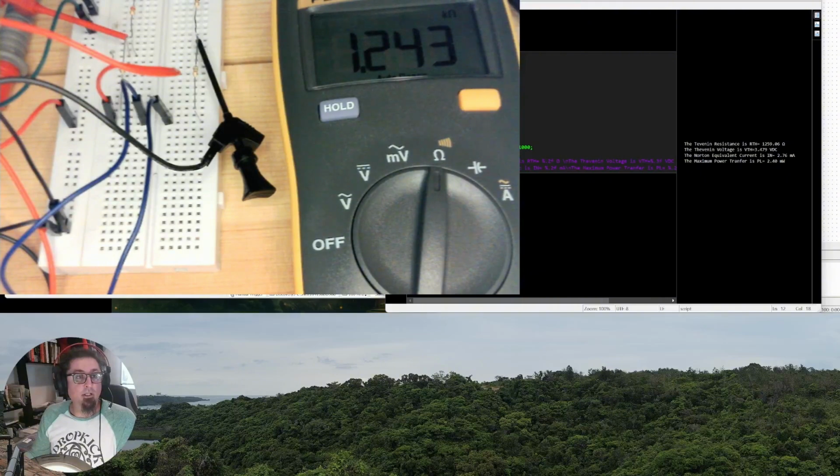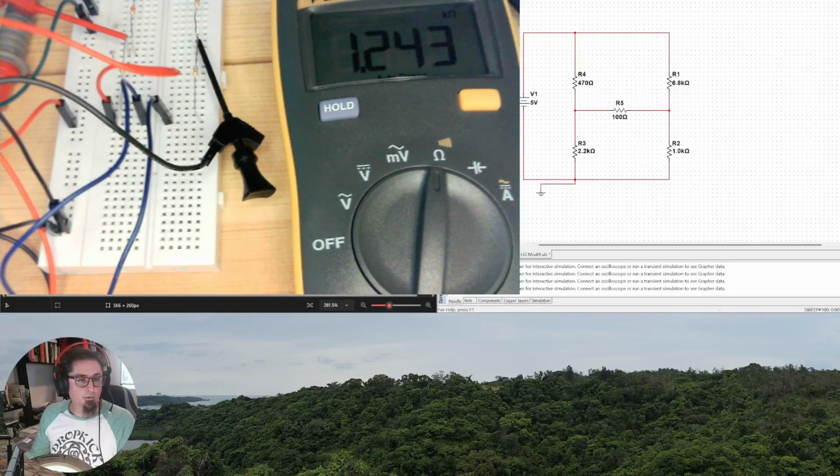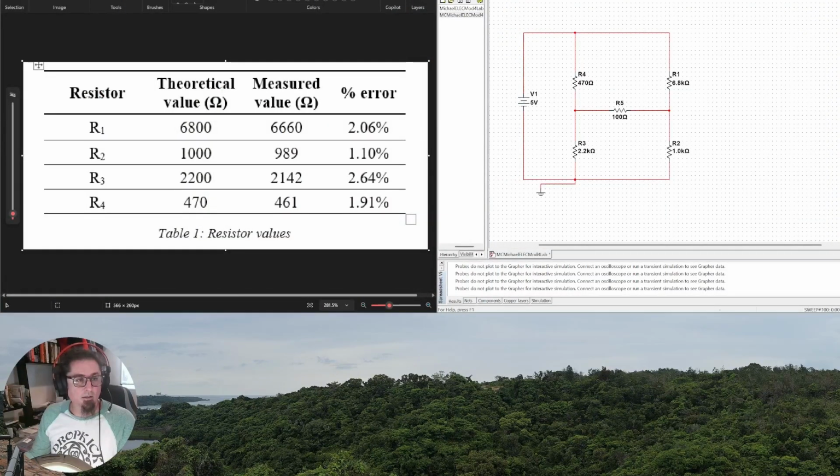which come up to be, so we've got R1 at 6660 with a 2% error, R2 with 989 with a 1.1% error, R3 at 2142 with a 2.64% error, then R4 at 461 for a 1.9% error.